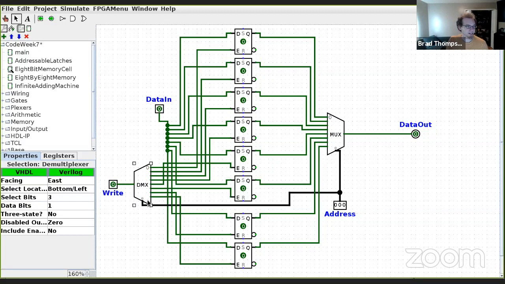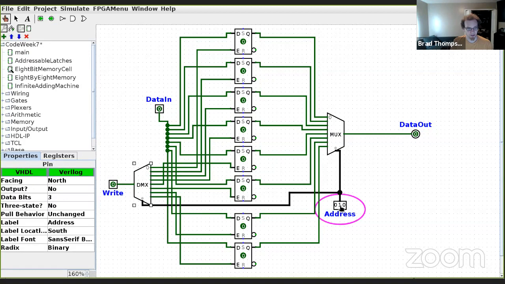You feed in an address and 1 signal, and depending on the value of the address, it sends that signal out to the appropriate output. So when our address is 0, 1, 0, and our data is 1, and I turn on the write input, it only turns on the write input of our third latch, and we output the contents of the third latch.